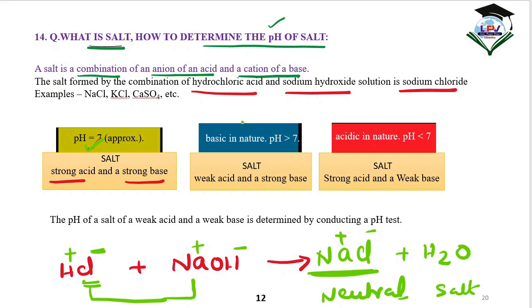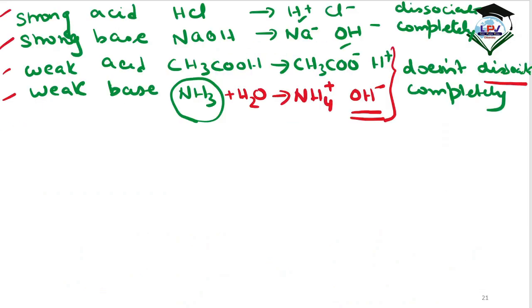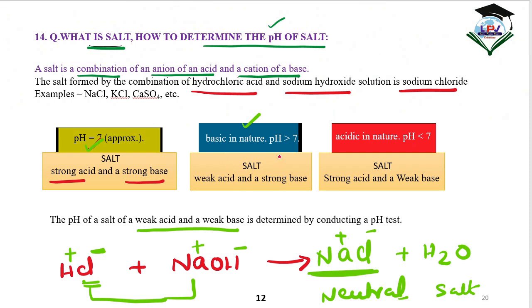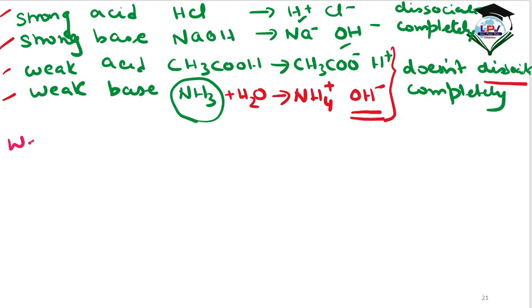Now let's see what kind of salt forms, and what its pH is, when a weak acid and a strong base, a strong acid and a weak base, and a weak acid and a weak base react. Now let's take an example of a weak acid. The first one is pH greater than 7. You have to take a weak acid and a strong base.